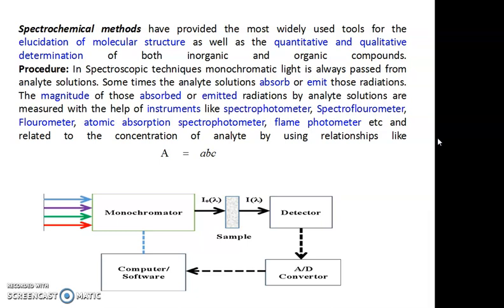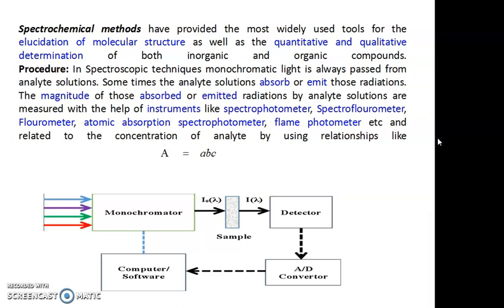Based on the magnitude of those absorbed or emitted radiations, one can study the properties of that molecule. Now, how is it measured? It is measured using certain instruments like spectrophotometer, spectrofluorometer, fluorometer, atomic absorption spectrophotometer, flame photometer, etc.